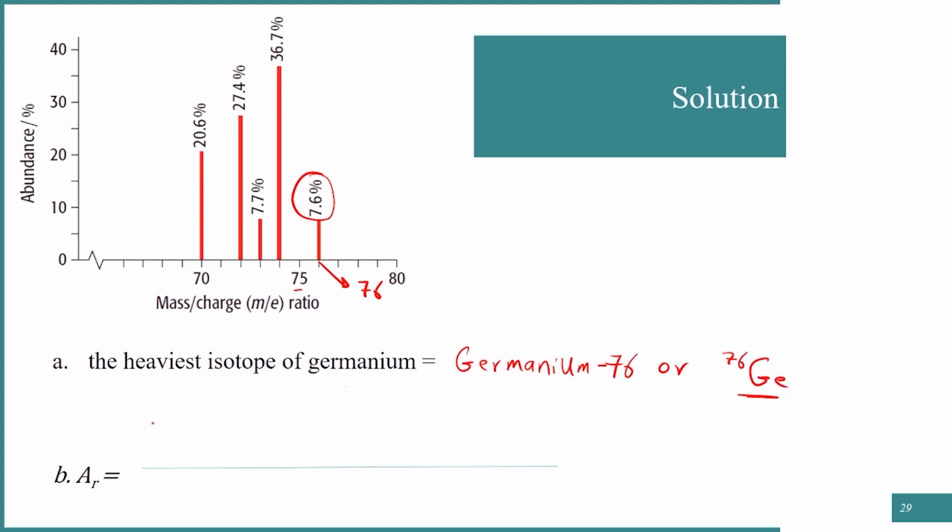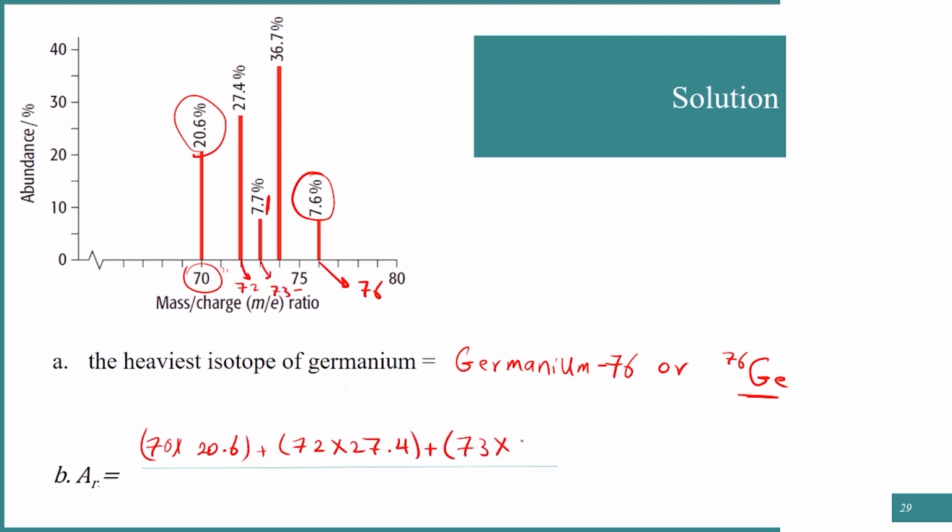The relative atomic mass of germanium is equal to, we will multiply the mass to charge ratio by the abundance for each isotope. So 70 multiplied by 20.6 plus 72 multiplied by 27.4 plus 73 multiplied by 7.7 plus 74 multiplied by 36.7 plus 76 multiplied by 7.6, and we will divide them all by 100.